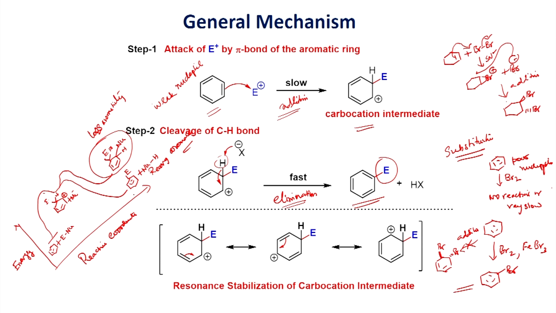When you make the substitution, you recover the aromaticity and generate a more stable substituted benzene. On the other hand, if you carry out the addition reaction, you lose the aromaticity and produce the less stable cyclohexadiene intermediate.